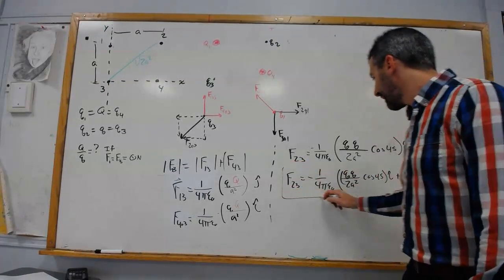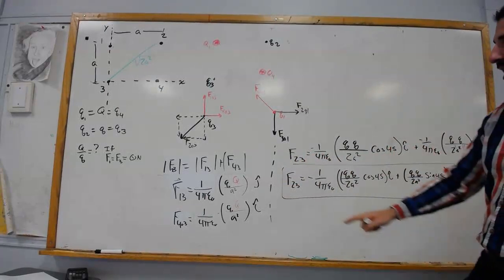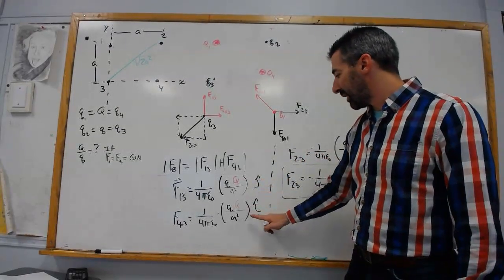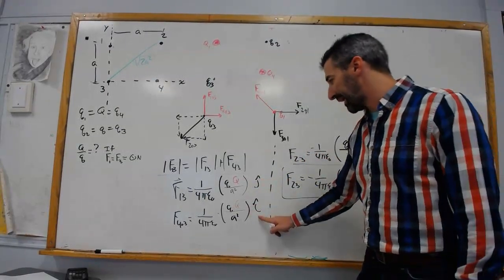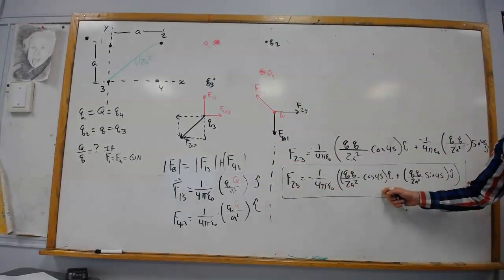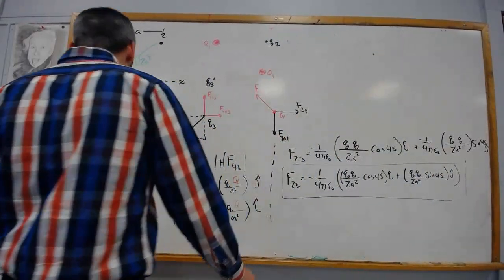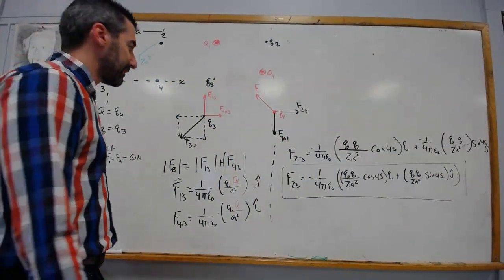Whew. So now I've got my x component, actually that's my y component, my x component of that part. I've got F23, and next thing I can do is basically set them equal to each other.